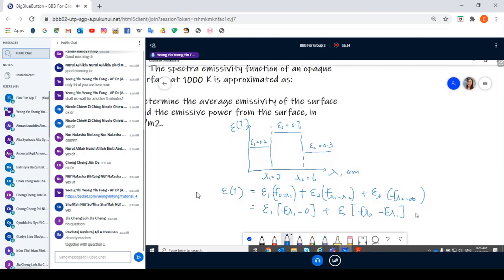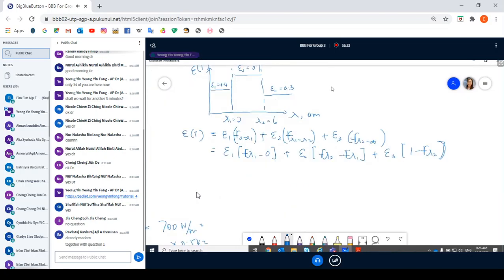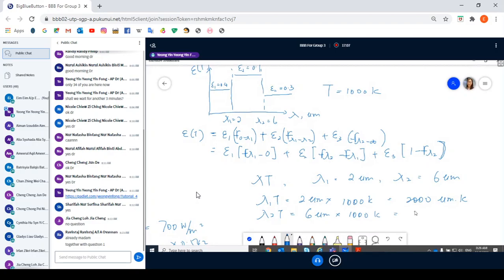With the temperature here being 1000 K, don't forget you need to get the lambda T value from Table 12.2. Lambda 1 equals 2 and lambda 2 equals 6. Then lambda 1 T will be 2000, and lambda 2 T will be 6000.